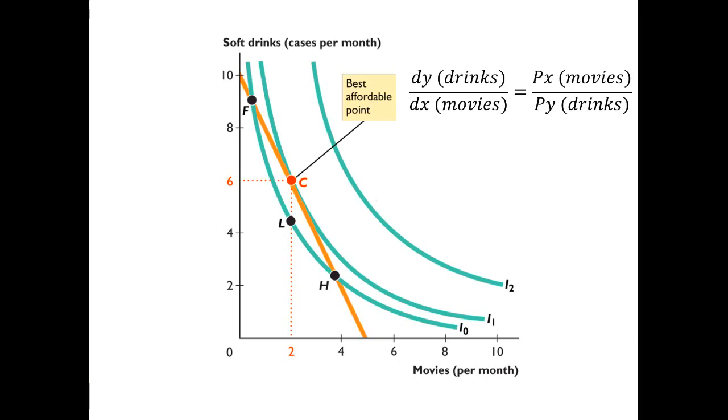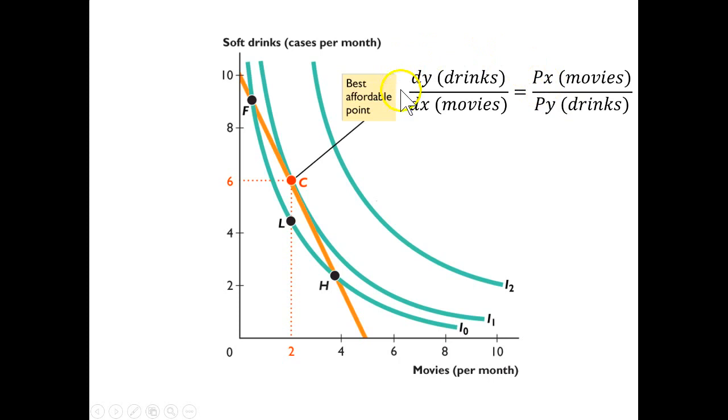Just one more technical note: at point C, the indifference curve will have a certain slope, and we call that slope the marginal rate of substitution. That is a change in y, or a change in the number of drinks, due to a tiny change in the number of movies.